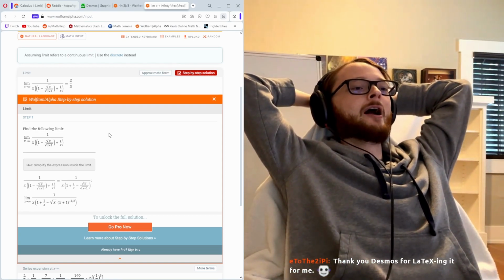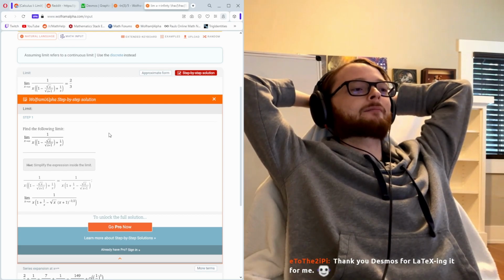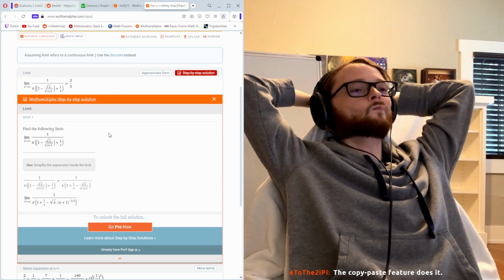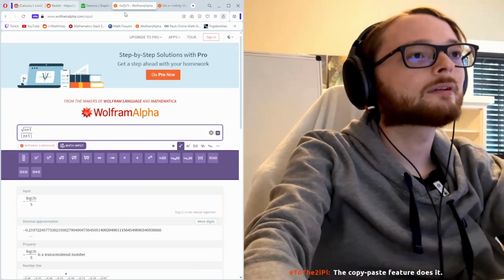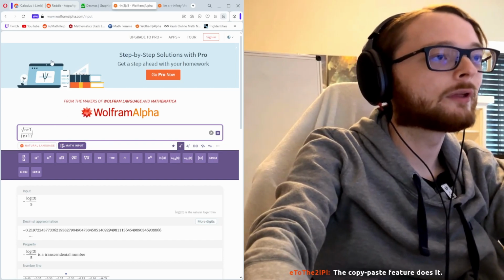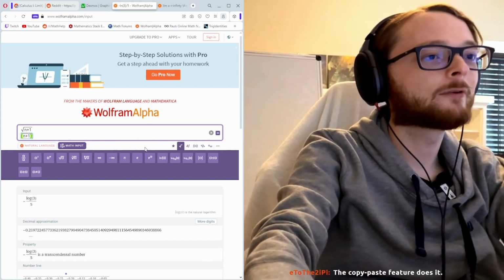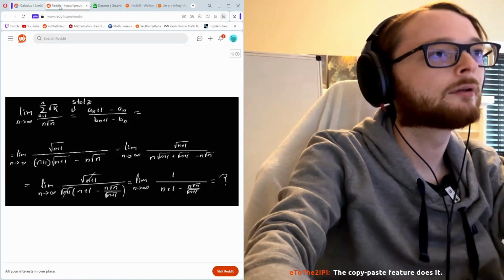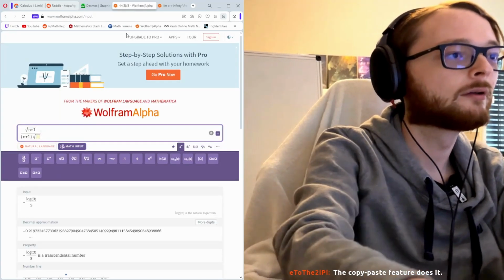Of course, Wolfram Alpha doesn't show us a meaningful step. Copy paste feature does it. Oh, okay. Alright, let's see. I think I still want to do this though, because Wolfram Alpha isn't putting it into a meaningful enough format quickly before it wants me to pay.